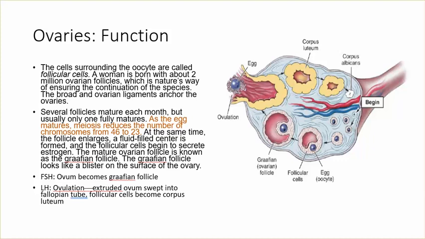Now, the luteinizing hormone, not only does the egg burst forth and you ovulate, but it causes the granulosa cells to change. And now, as well as producing estrogen, they start producing progesterone for pregnancy. And what used to be the follicle now becomes the corpus luteum, which means the yellow body.